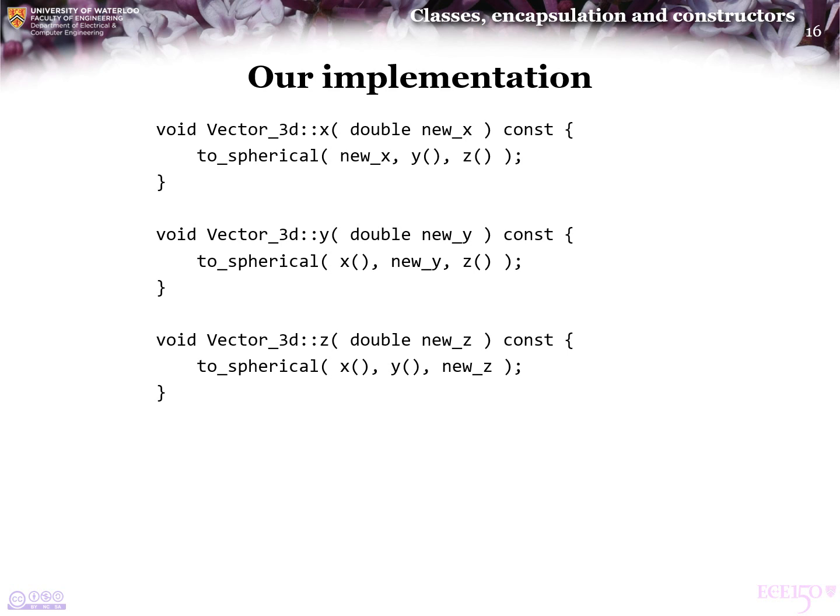Now, to update any of the rectangular coordinates, all we have to do is take that new coordinate, which is of course the new x, y, or z value, and the 2 other current values in rectangular coordinates, and we will call our new private member function toSpherical, which will update the member variables r, theta, and phi to correspond to the new rectangular coordinate that we have just updated.